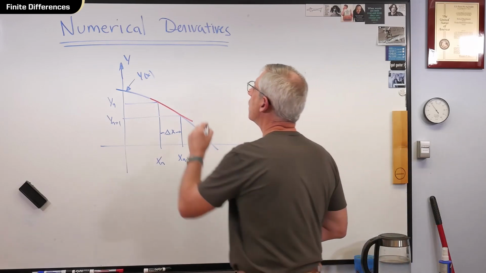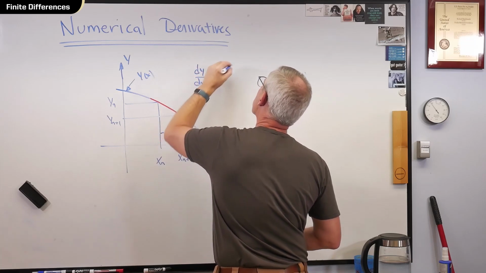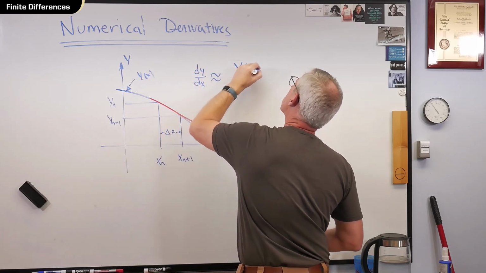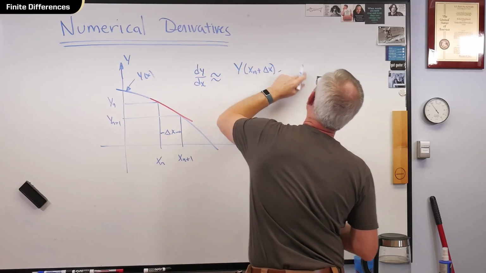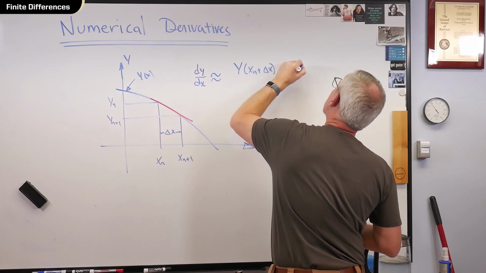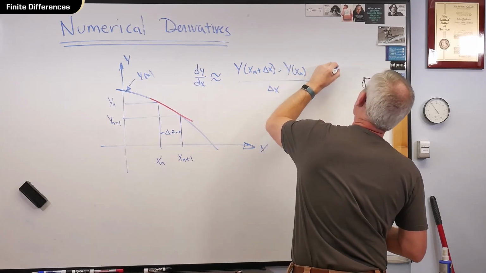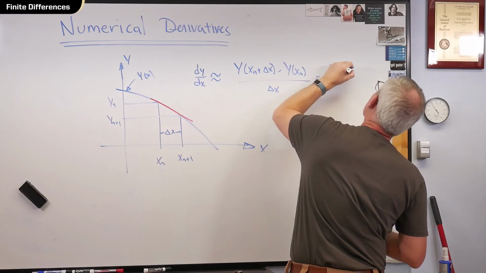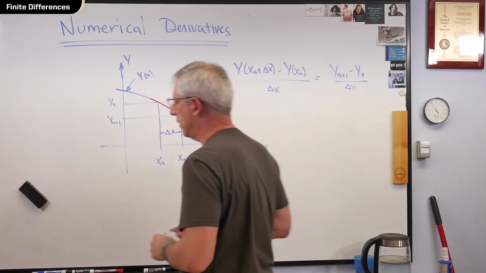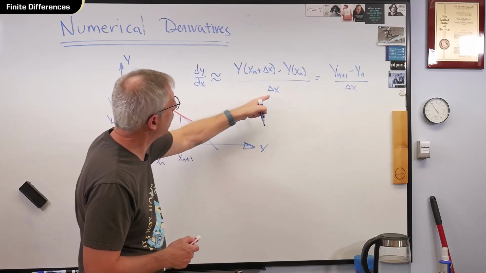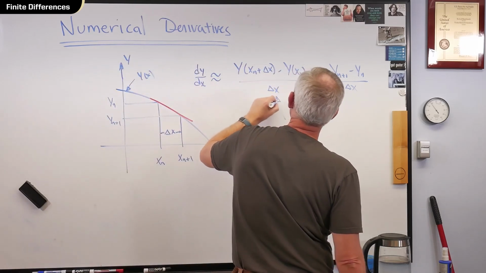So what if we do it this way? What if we say dy dx is approximately y of x of n plus delta x, or y of n plus 1 minus y of n over delta x, all right? If this is a number and we know what this is, okay, big idea here.